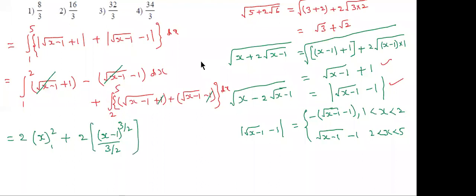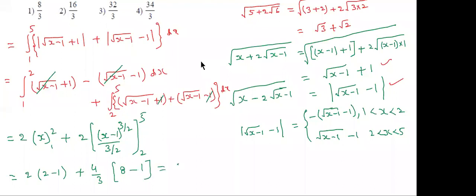Then what is the limit? 2 to 5. Substitute here. First the upper limit. You will get 2 minus 1 plus 3 by 2. Sent to the numerator, it is going to 4 by 3. Now substitute the limits. Upper limit 5 minus 1 is 4. 4 means 2 square, 2 cancels, 2 cube is 8, minus substitute 2, 2 minus 1 is 1, 1 power 3 by 2 is 1.